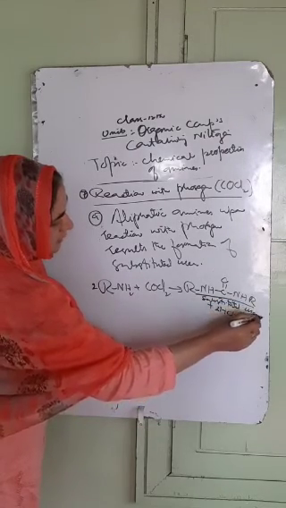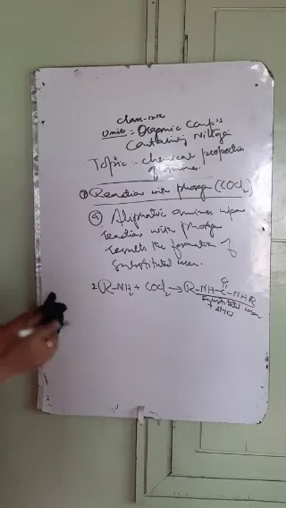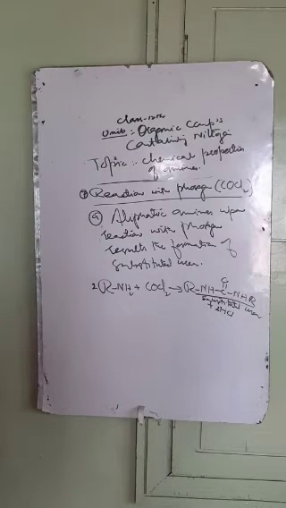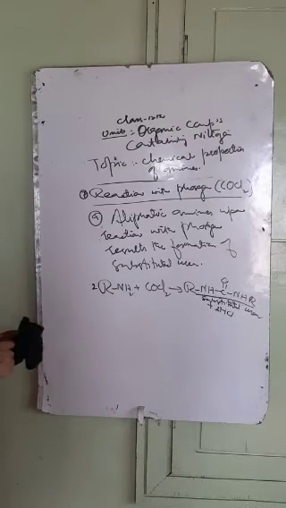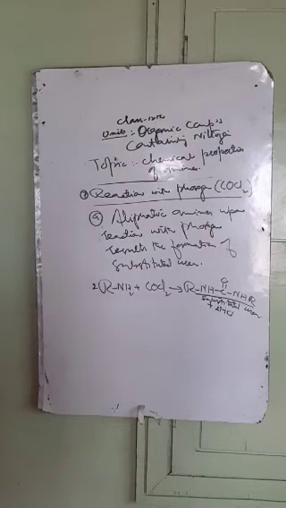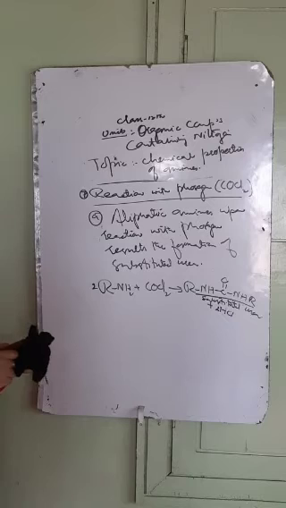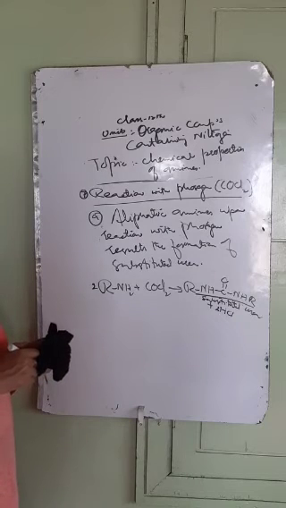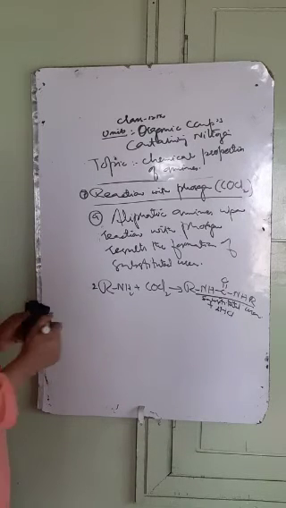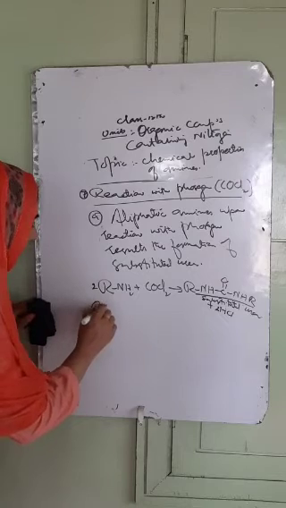Substituted urea is formed. So aliphatic amines react with phosgene and result in the formation of substituted urea, whereas aromatic amines react with phosgene and form isocyanates.